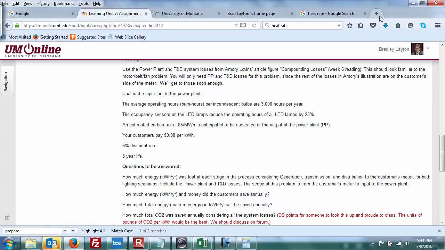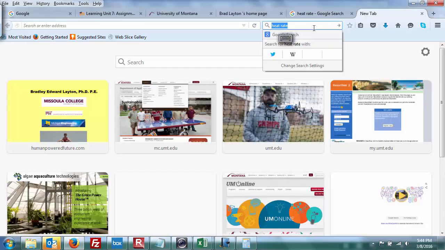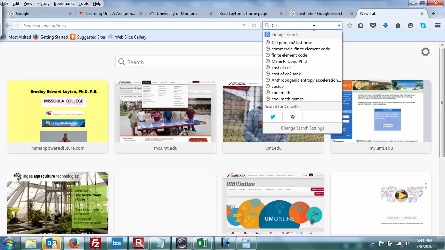Well, let's Google it. CO2 per kilowatt hour. Let's just check it out. Let's just do it by state.